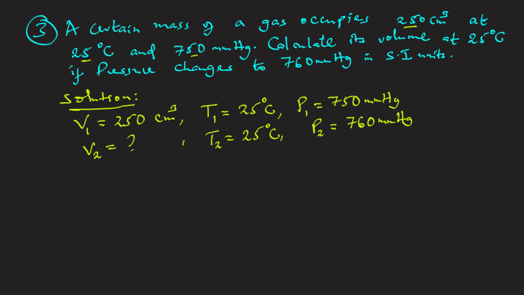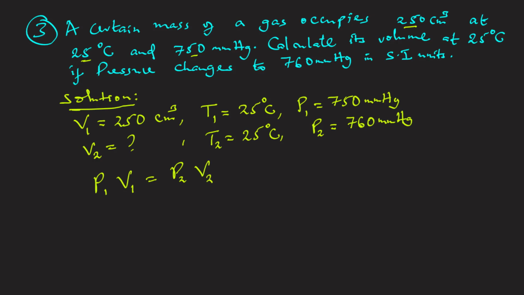Now we are supposed to determine our volume in SI units. Since the pressures share the same units, we can solve this problem, get our answer in cubic centimeters, then convert it into cubic meters, which is the SI unit for volume.